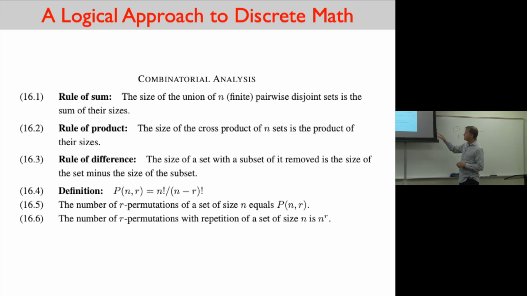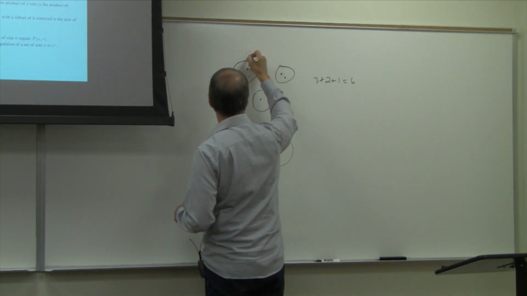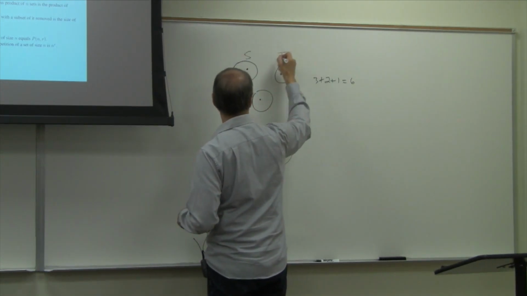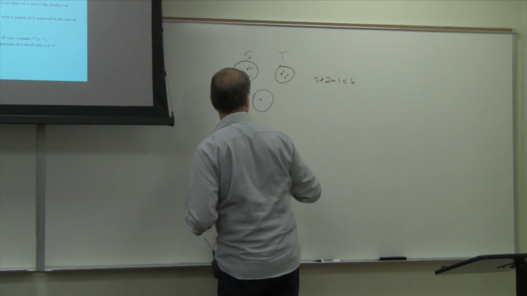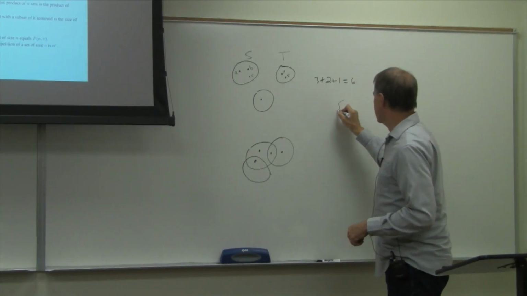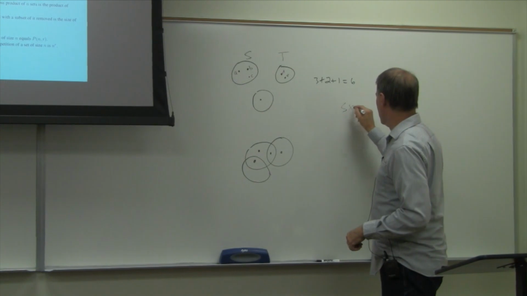Now the rule of product, 16.2, says the size of the cross product of n sets is the product of their sizes. I think we already know this one. Suppose this is the set S, and this is the set T, and this is A, B, C, and this is D and E. Then tell me, what is the set S cross T?